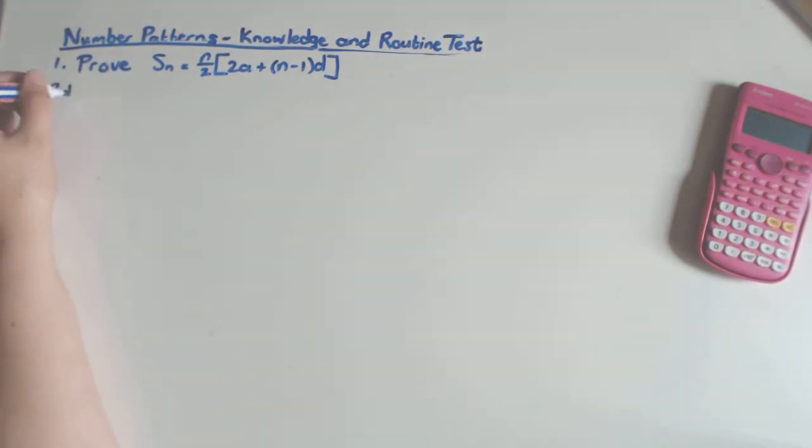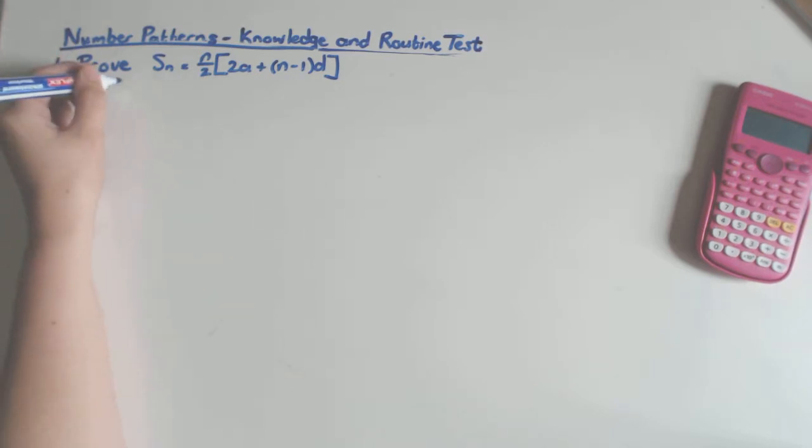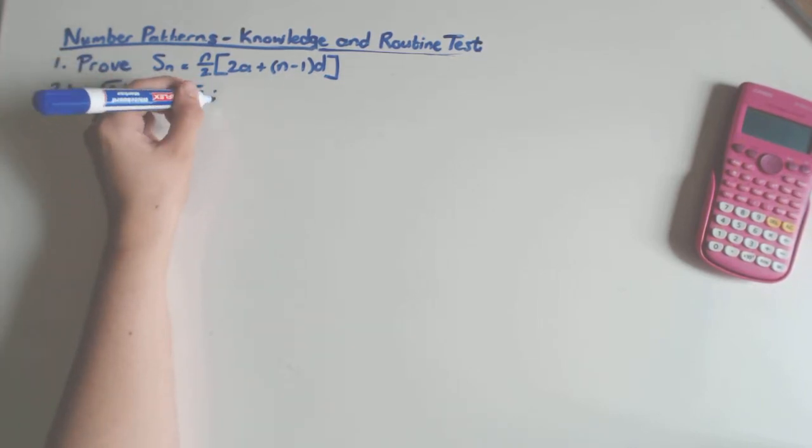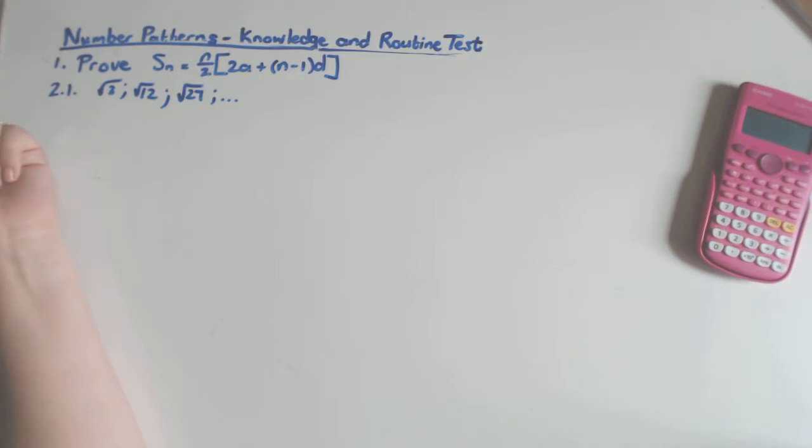The second question says, state whether the sequence root 3, root 12, root 27 is an arithmetic or a geometric sequence, giving the common ratio or the common difference.